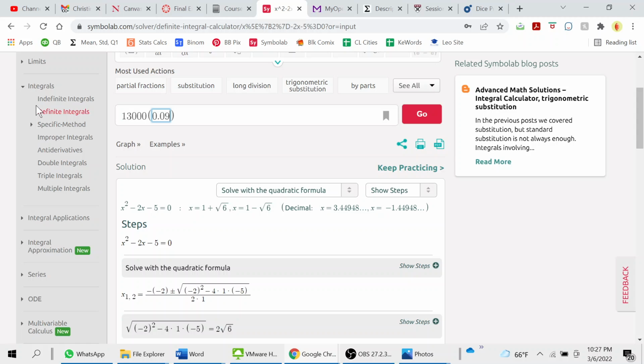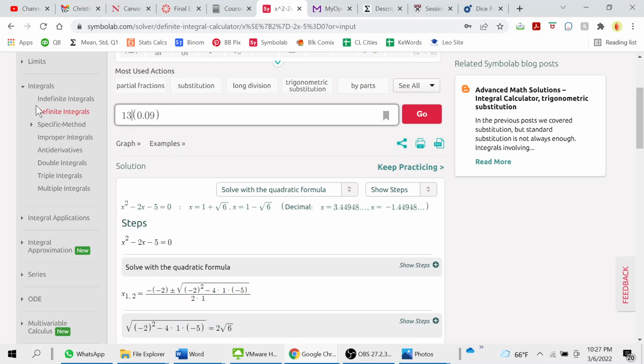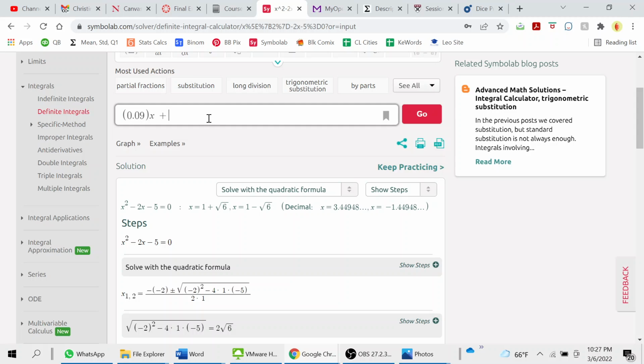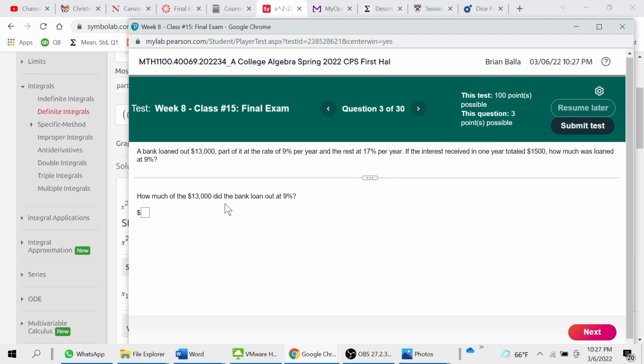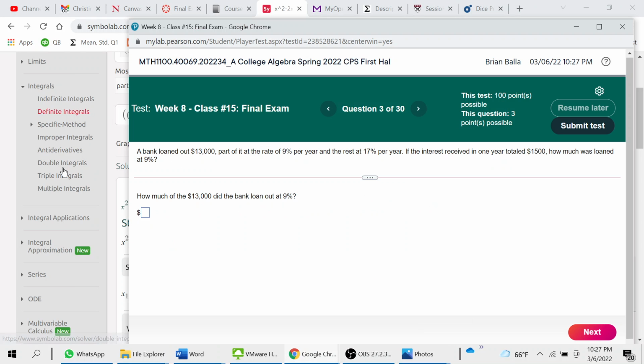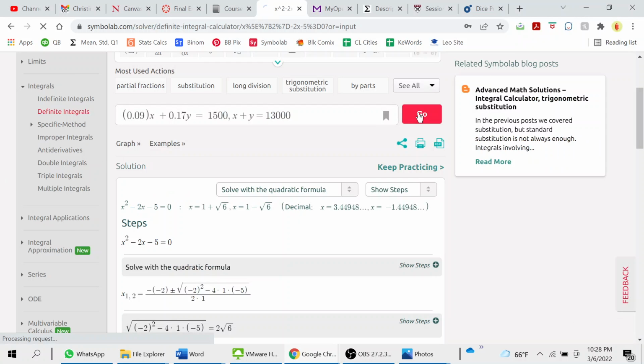9%. And what was the other? 13%? Let me just double check. Oh, 17%. 9%, 17%. And the total amount in interest was $1,500. And x plus y equals 13,000. 13,000 is the total amount of the loan.